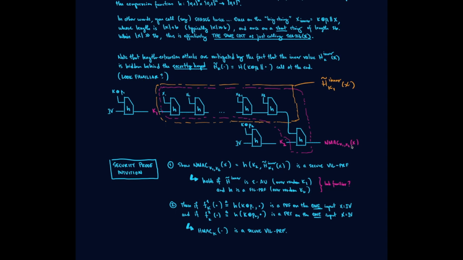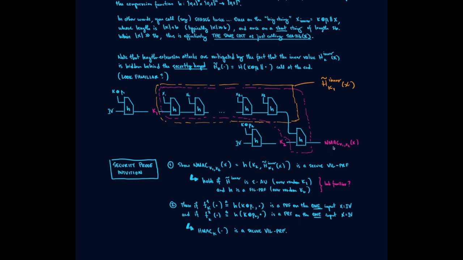Okay, here's the way that the proof intuition goes. First, try to show that NMAC with these two keys is a good variable input length PRF. If I were to build this thing, notice I can no longer use an off-the-shelf implementation because I have to change the IV in two places, in fact, to be secret keys. But just as a thought experiment, imagine somebody built this thing. Would it be a good variable input length PRF?